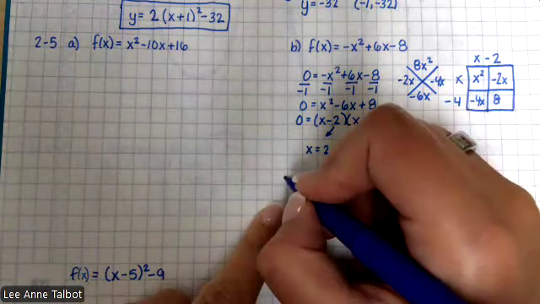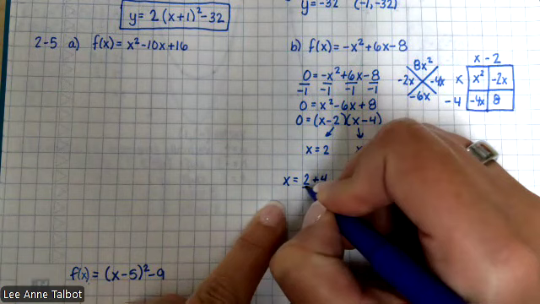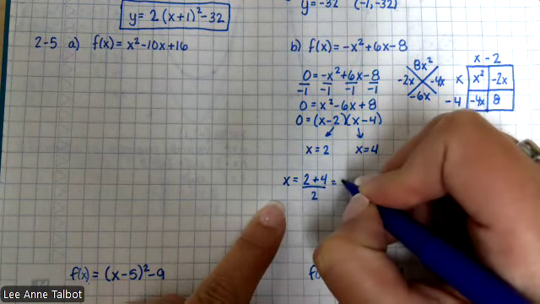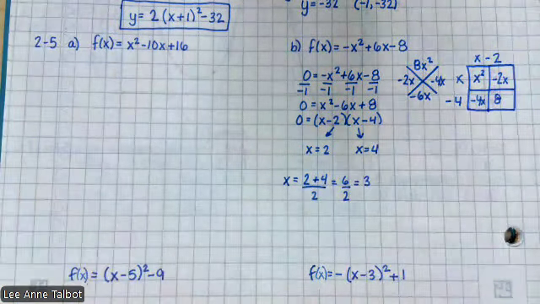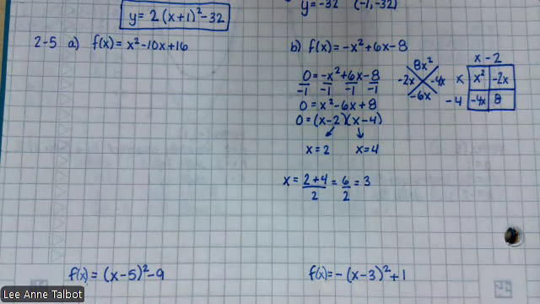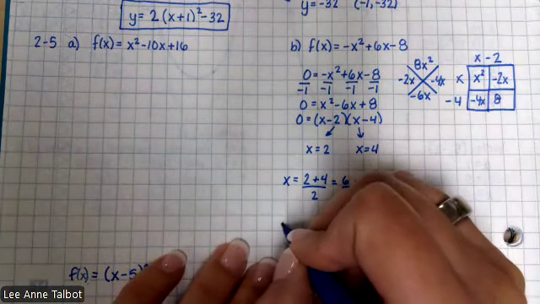Step 2, average those two numbers. Got it? That's the line of symmetry. What's the next step? Plug it in.